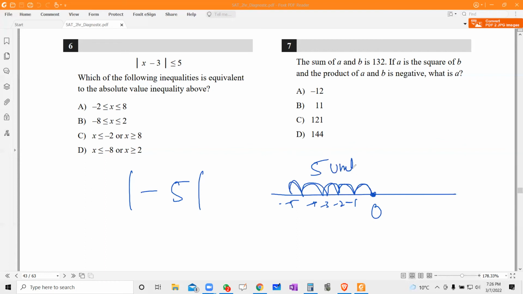Yeah. And from 0 to 5 on the right side, 1, 2, 3, 4, and 5, what will be the distance? 5 units. So it doesn't matter whether you take the negative number or the positive number, the distance is still 5 units. That is what absolute value means. The absolute value of -5 is 5.